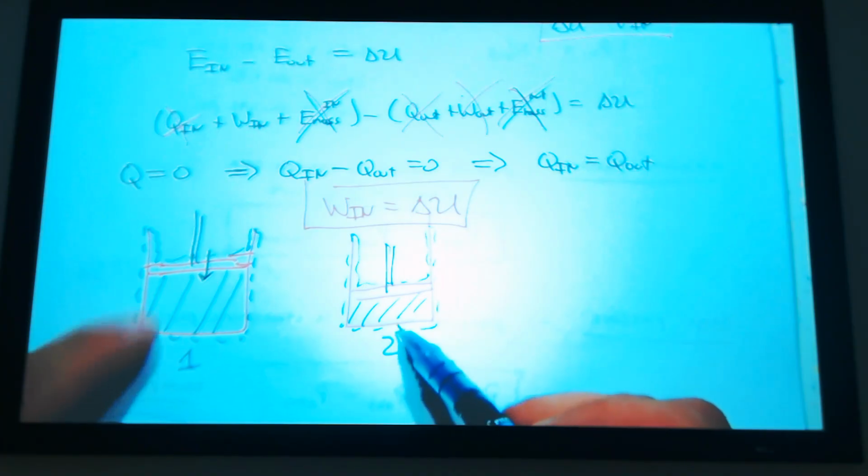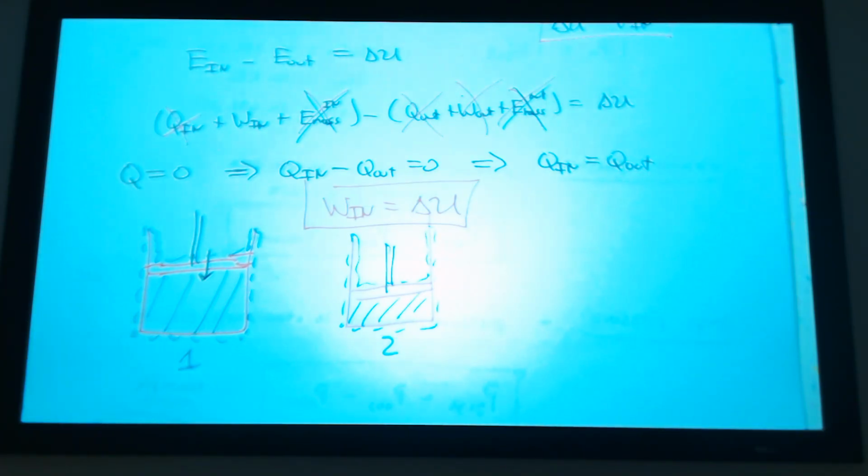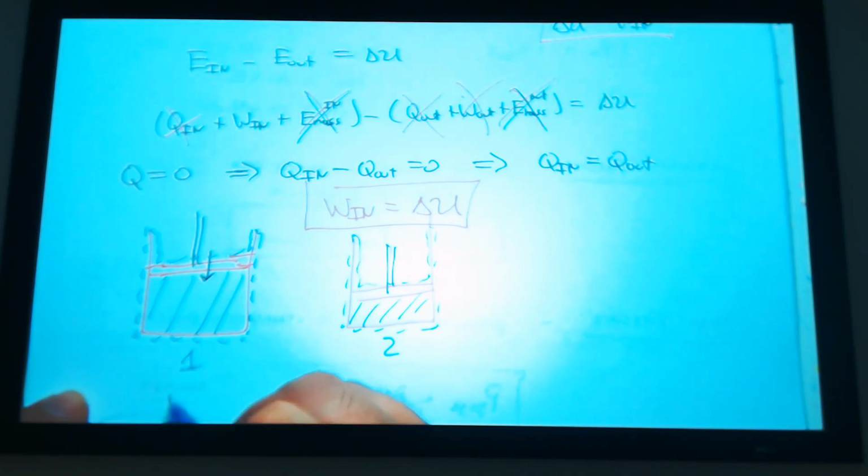I did work on the system to compress the gas. So if I do this, V1 is greater than V2. Now if I compress the gas, really I probably did it, so P1 is less than P2.